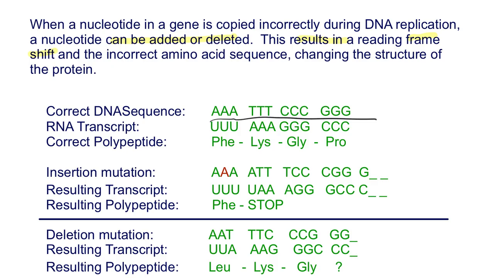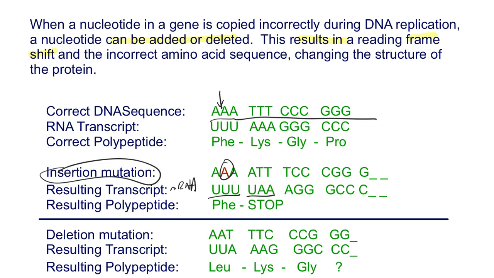Okay, so here's the correct DNA sequence. What happens here, insertion mutation, it looks like they put an A right here. Accidentally, an extra nucleotide got inserted. It wasn't substituting anything, it was inserted right there. You can see it. So how does that affect the RNA, the messenger RNA? Okay, it didn't affect that one.